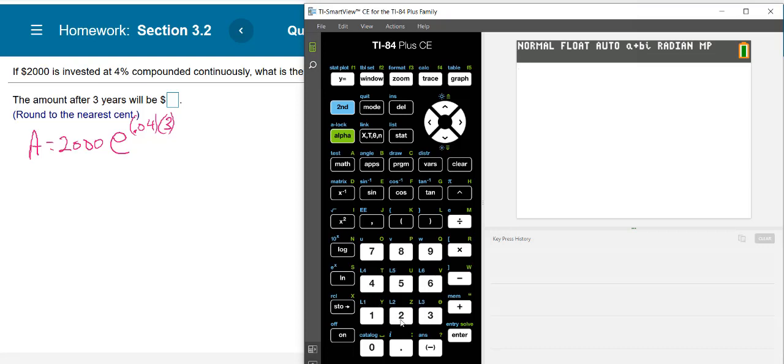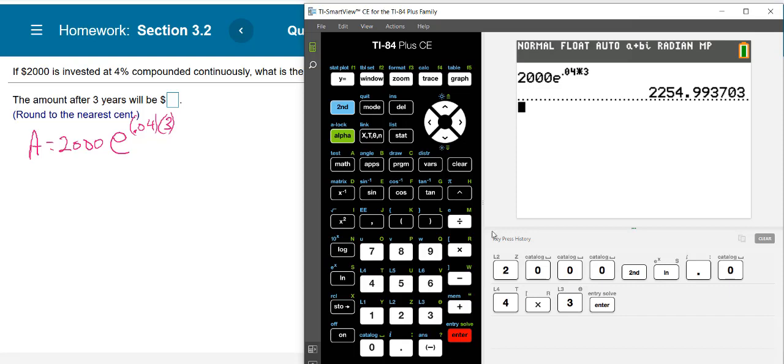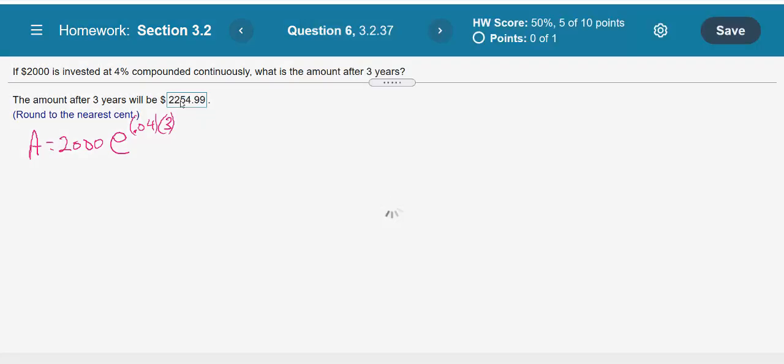On my calculator, I would do the 2,000, second ln gives me e, and 0.04 times 3. As I mentioned earlier, you can also put parentheses on those numbers, just like it is there. To the nearest cent, that would be 2254.99.